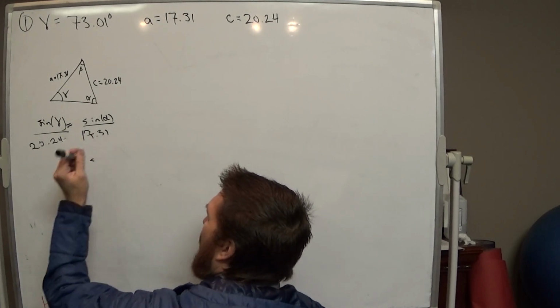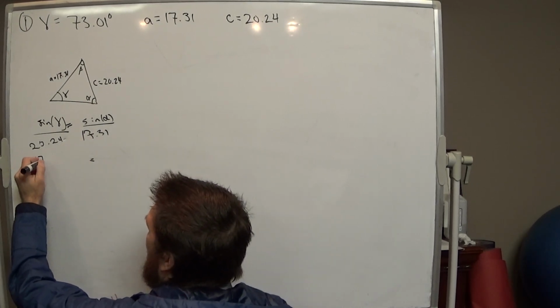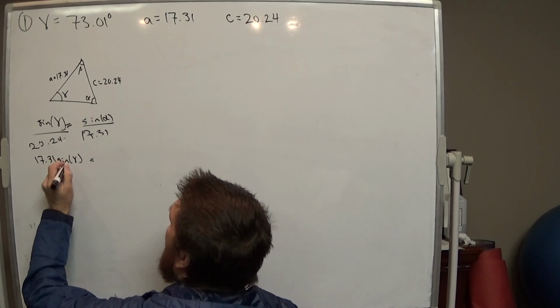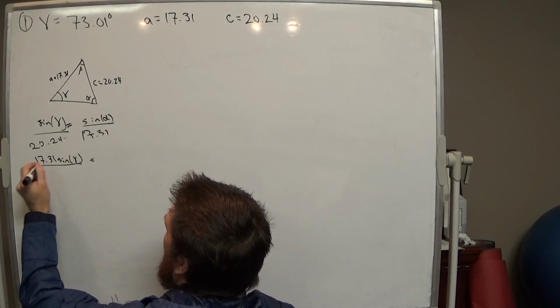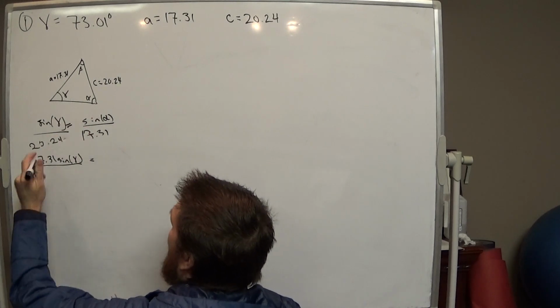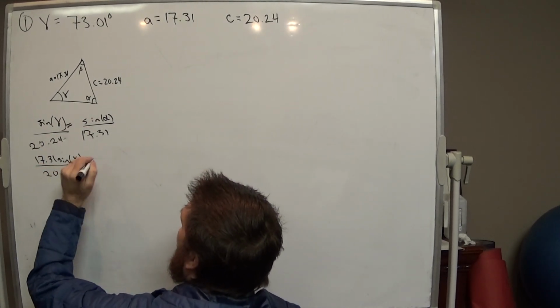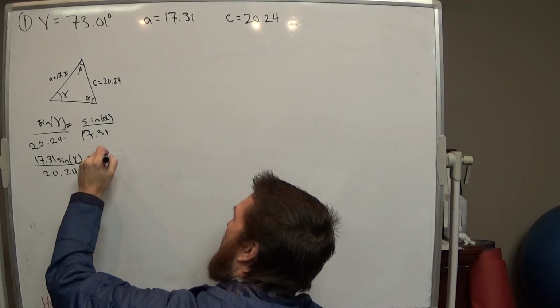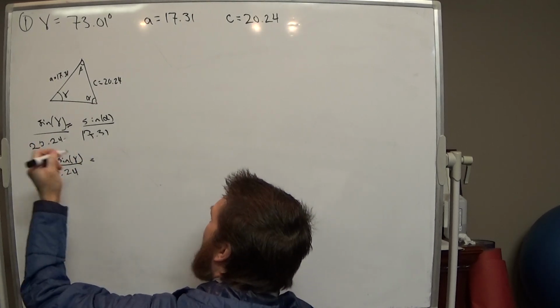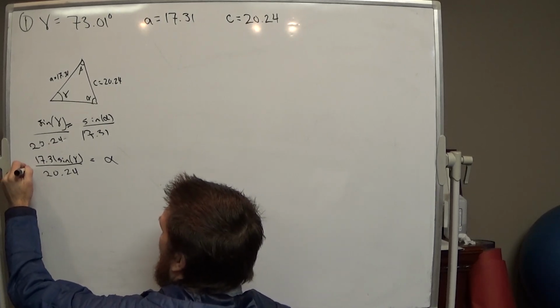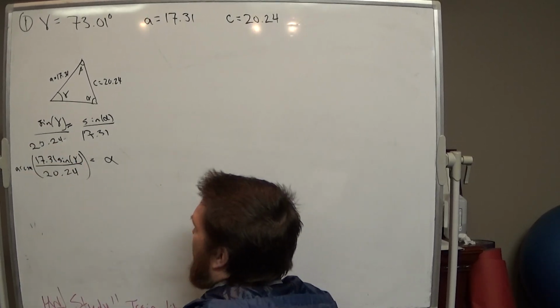Get the thing that I want by itself by getting my 17.31 up here. Sine gamma. Gamma's given, I'm just not writing it down. And then that guy stays in the bottom, 20.24. Equals, now I could write sine alpha, but I know what I'm about to do. I'm about to take arc sine of it, so I'm just going to go ahead and do that. Arc sine of all that stuff.